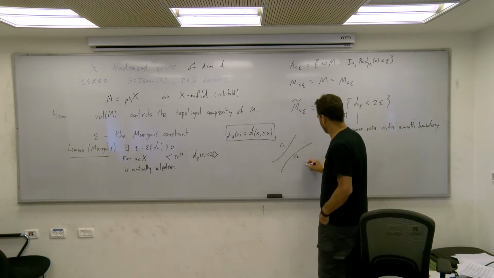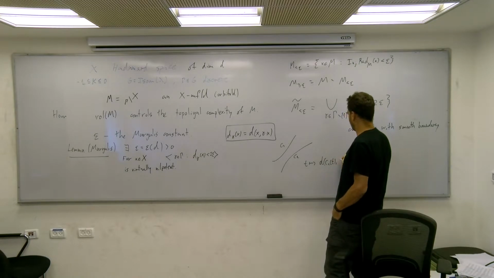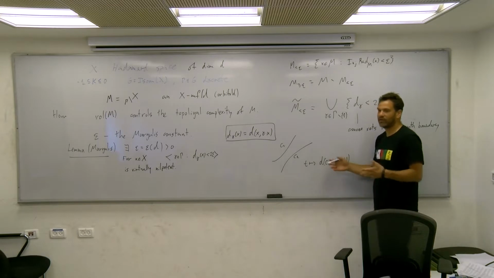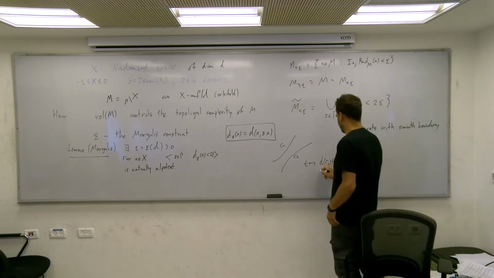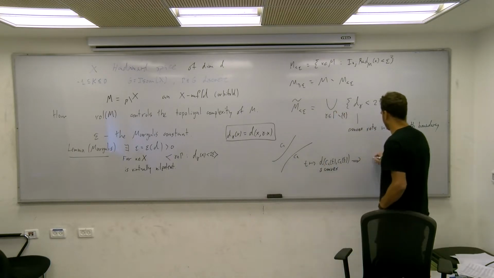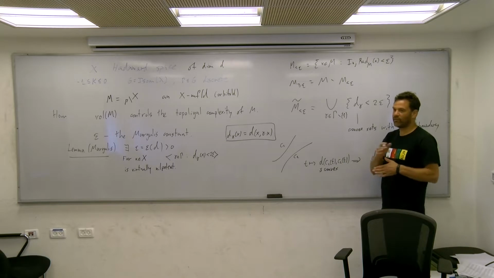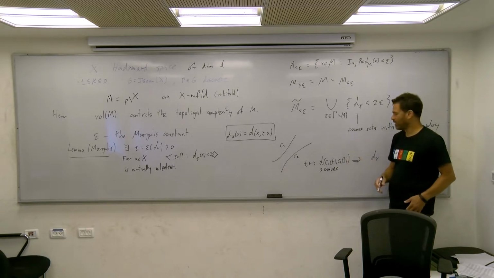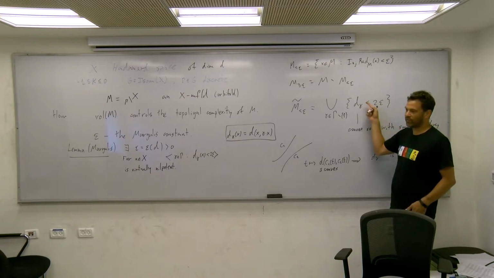So t goes to the distance between c1(t) and c2(t) is a convex function. This is actually equivalent to non-positive curvature. And this implies that the displacement function is a convex function. If you restrict it to a geodesic, it's a convex function from R to R, and therefore sublevel sets are convex sets.